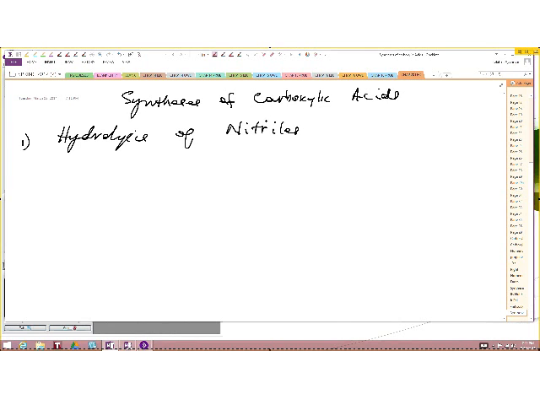Now I've just shown you how to make nitriles, so now we want to convert the nitriles to carboxylic acid. Take this. I believe we have done this several times before. You take dilute acid. The dilute acid will hydrolyze this nitrile to carboxylic acid.